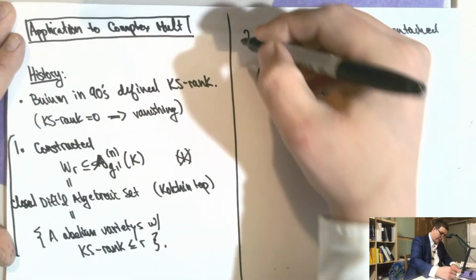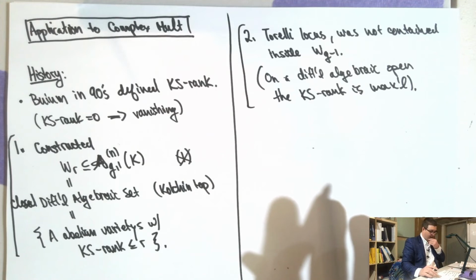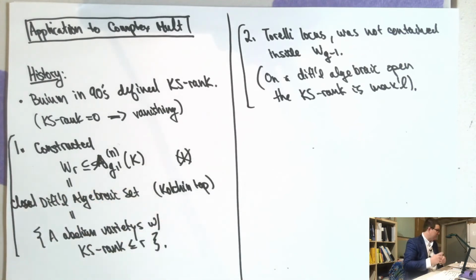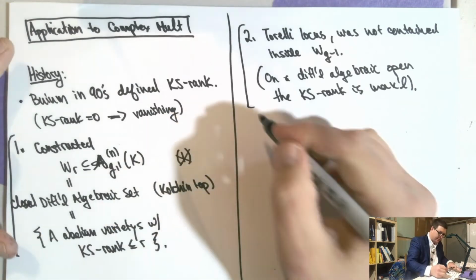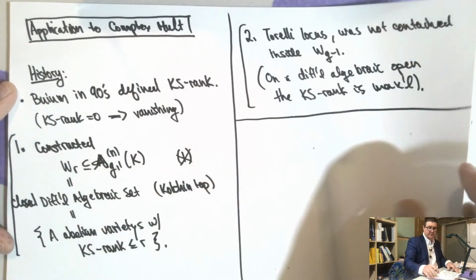And so we'd be interested in doing something like this, and this will be similar. If you could do this, you would have something like the Dwork-Ogus theorem. Okay, so let me say that.